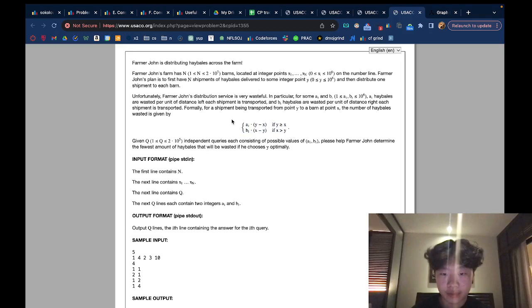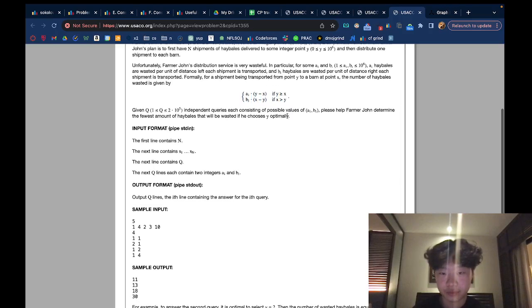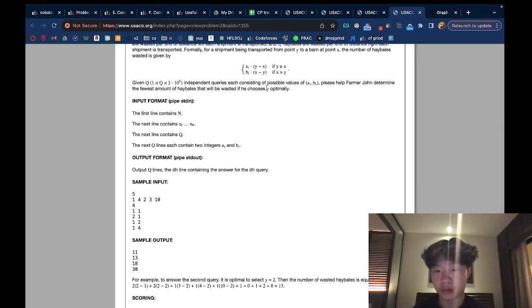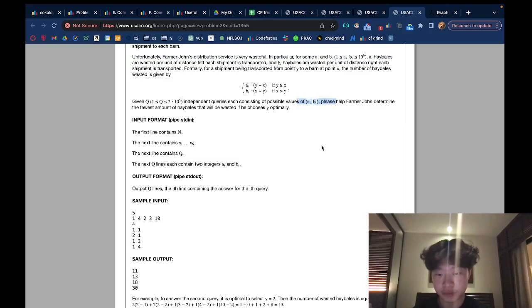If a point goes right 1 unit, it takes a cost; if it goes left, it takes b cost. For Q queries, find the fewest amount of hay bales if he chooses the goal point properly with given A and B.